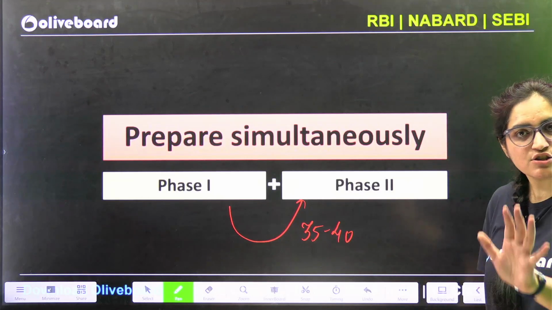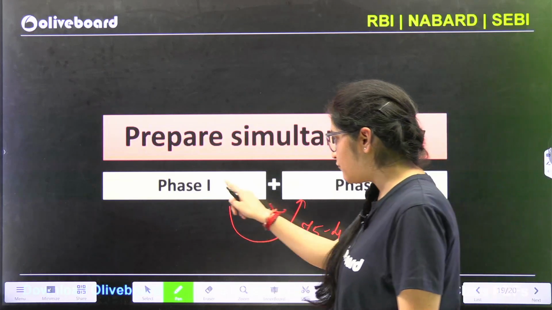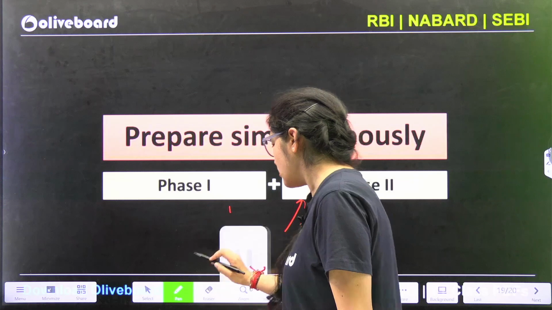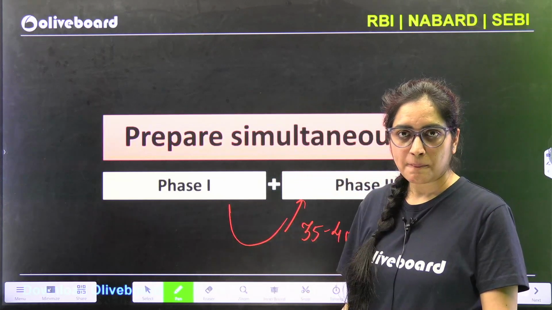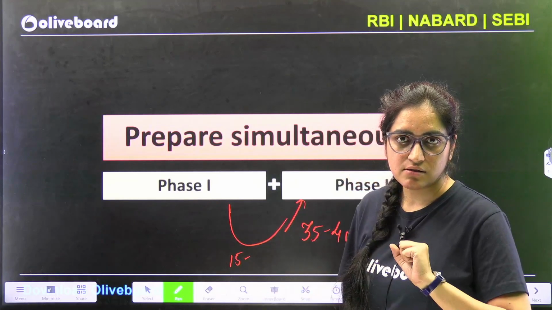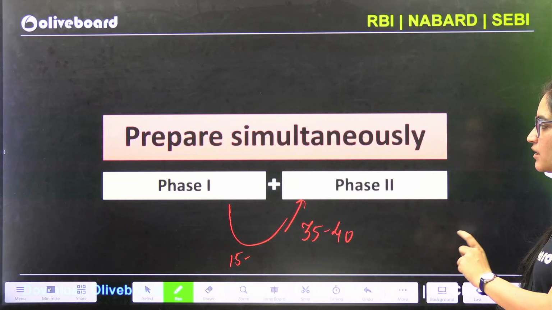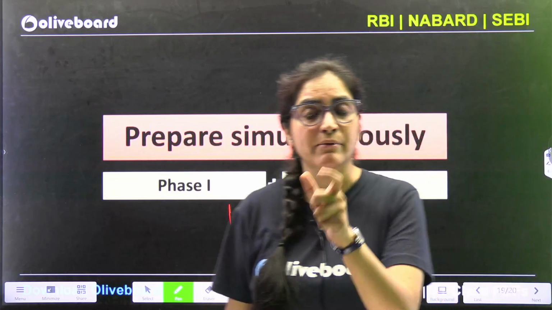The result will roughly come after 15 days. In 15 दिन में you will not be able to study much. So that's why I am saying prepare for both the stages simultaneously.